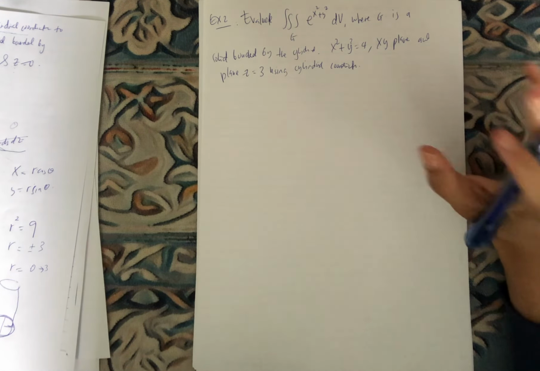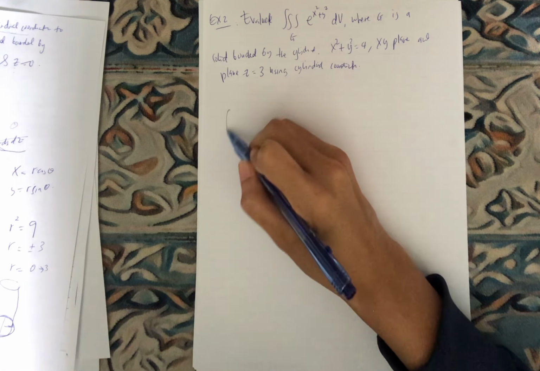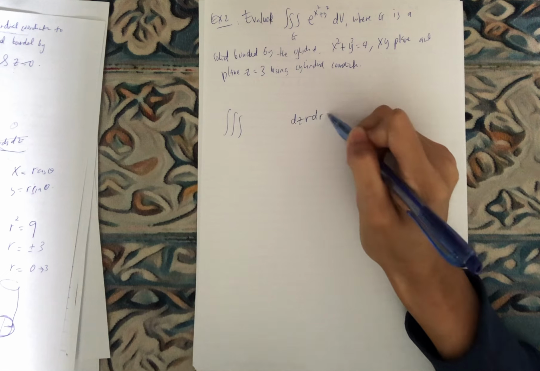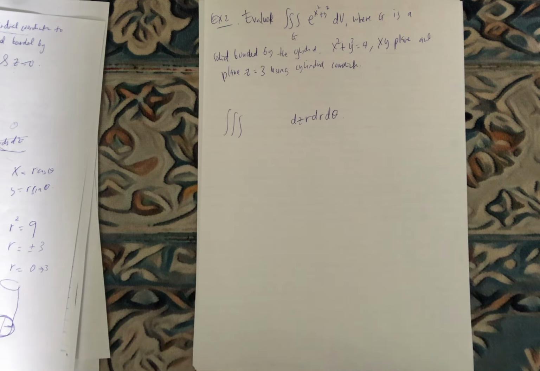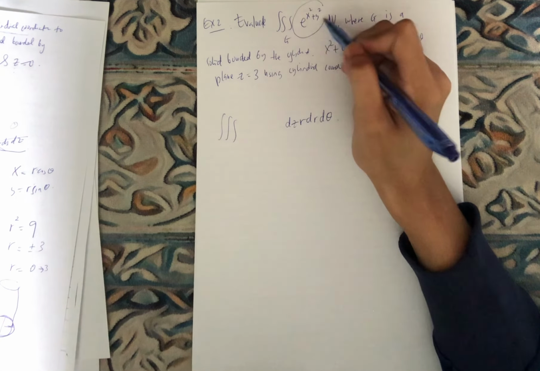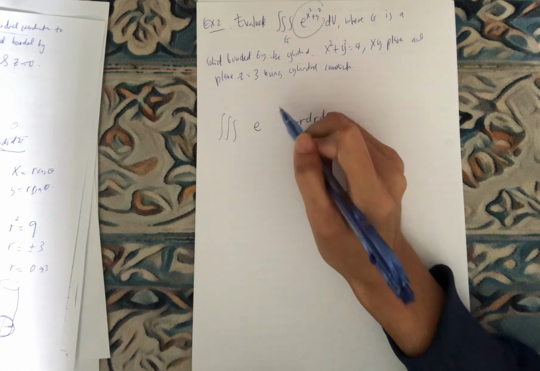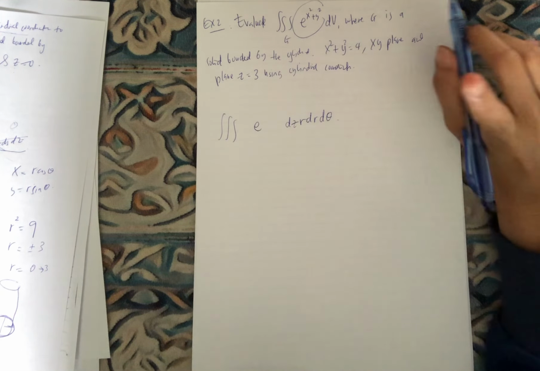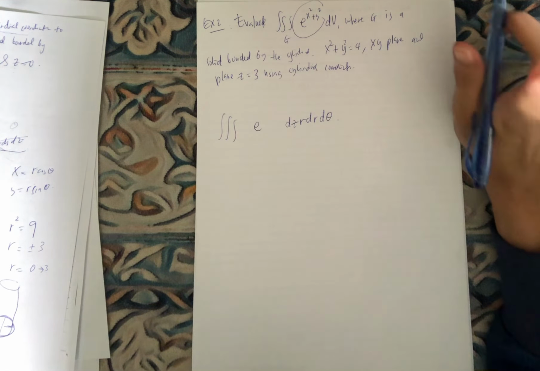Okay, so now we just write first the integrand here. What's the function inside here? So the function here is x square plus y square. But remember class, we don't want to have any x and y anymore.